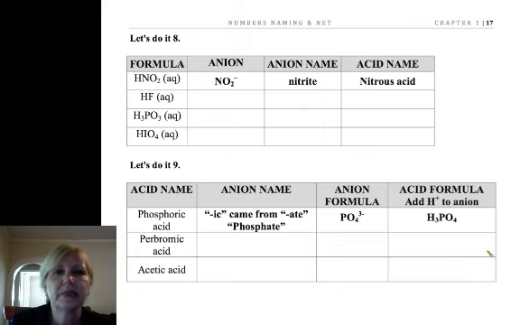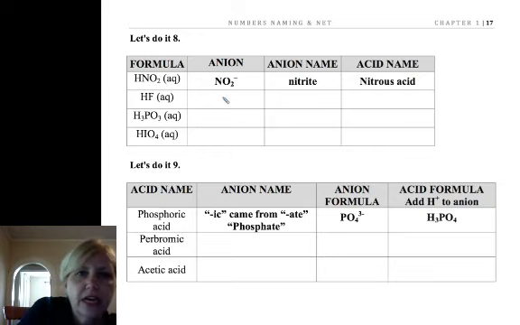So let's see some examples of going from formulas to names and then names to formulas. Now let's write the anion. Remember the cation's always H+, so the anion in this case is F-. The name of a single element anion is fluoride.